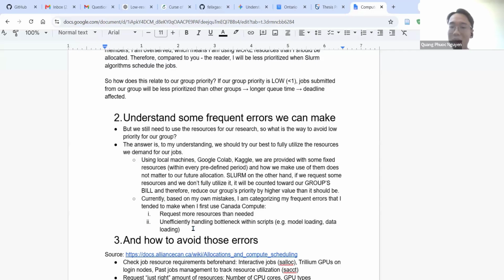And secondly, what I mean by inefficiently handling bottlenecks is that after your job is accepted to the computing node, there might be some bottleneck that you should check, including either the model loading bottleneck or data loading.